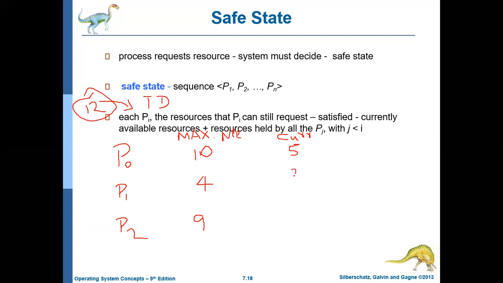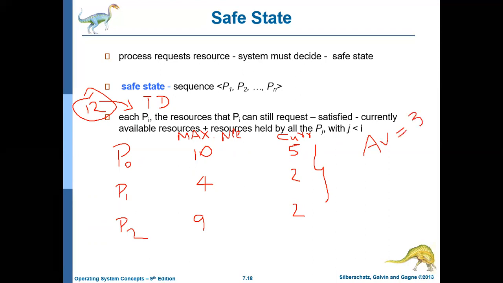Currently 2 are allotted to P1; it needs another 2. And currently 2 are allotted to P2; it may need another 7 over a period of time. The system contains 12 tape drives, and 5 plus 2 is 7, 7 plus 2 is 9 were allocated. So the available tape drives are 3.